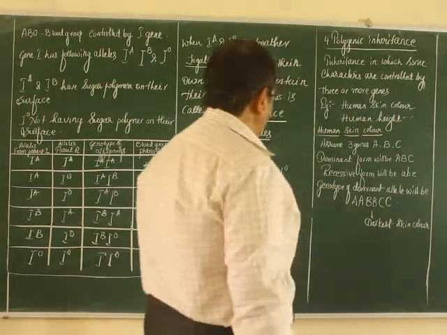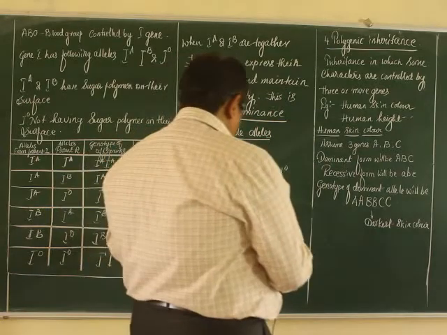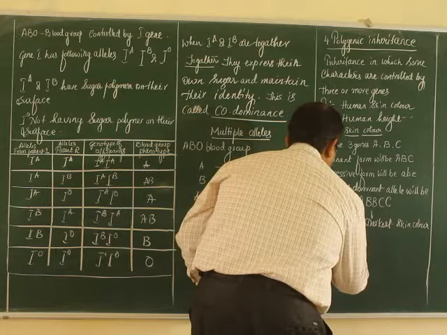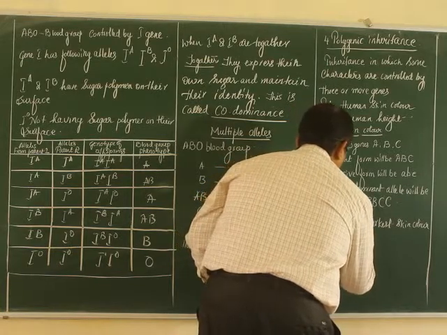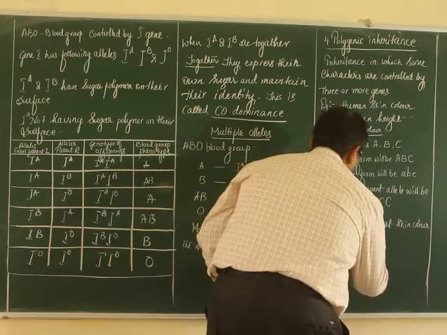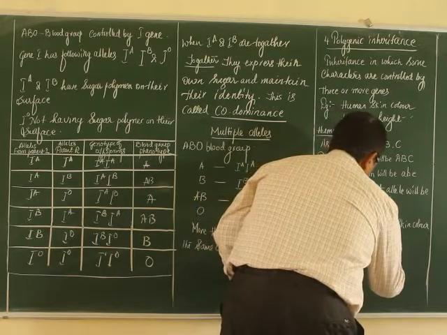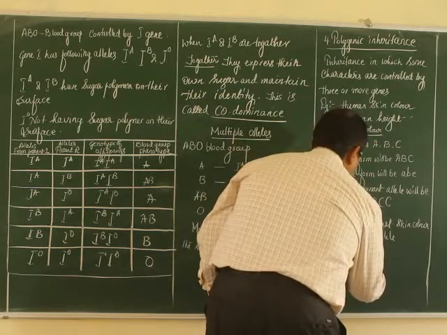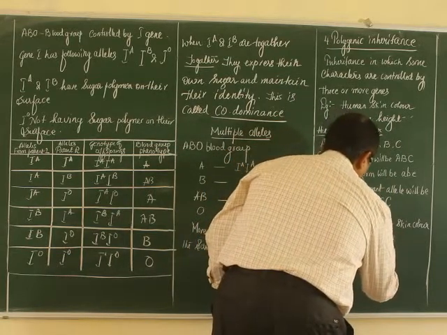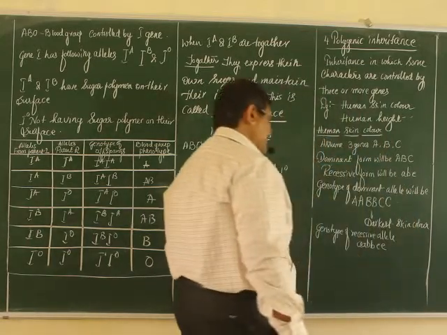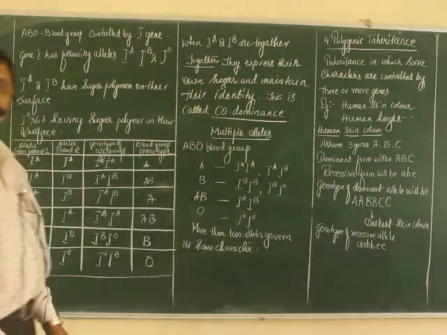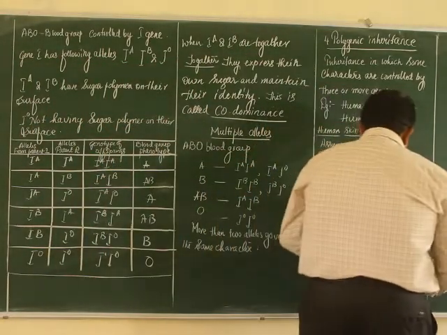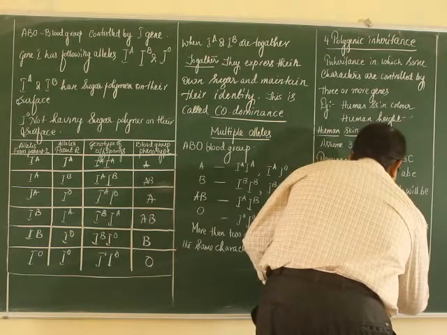And the genotype of the recessive allele will be small a, small a, small b, small b, small c, small c, and it is the lightest phenotype.